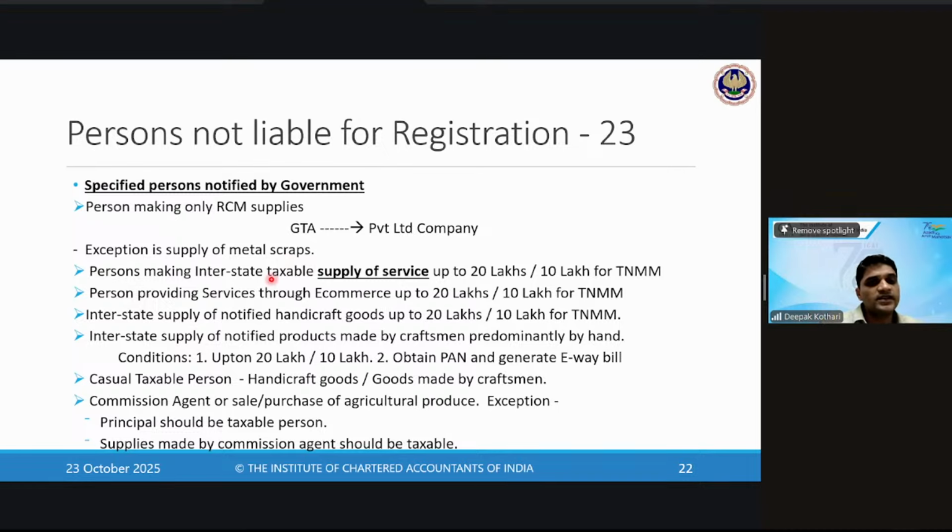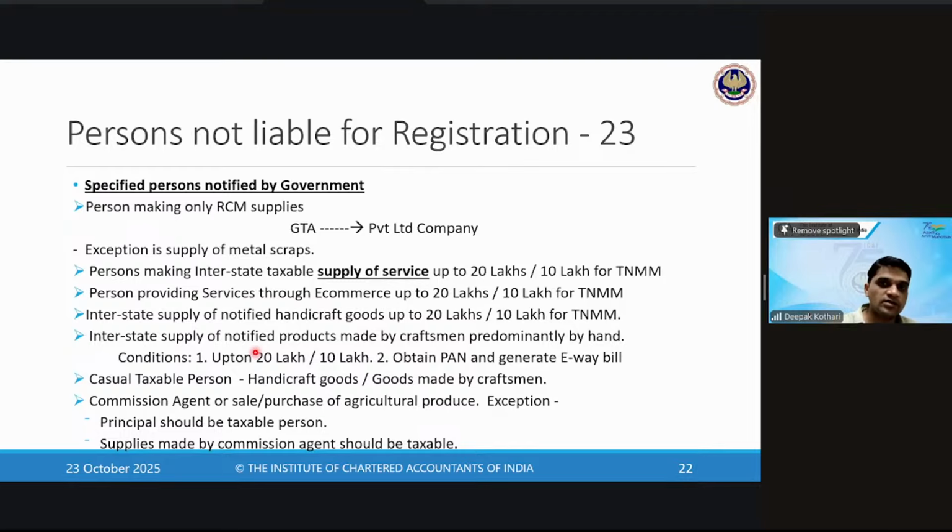Then a person supplying services through e-commerce, there also he will get the limit of 20 lakhs and 10 lakhs. Then intrastate or interstate supply of notified handicraft goods, there the limit of 20 lakhs and 10 lakhs will come. There is a procedure for it.